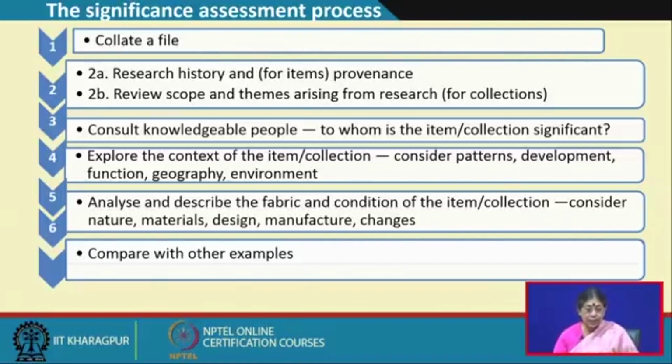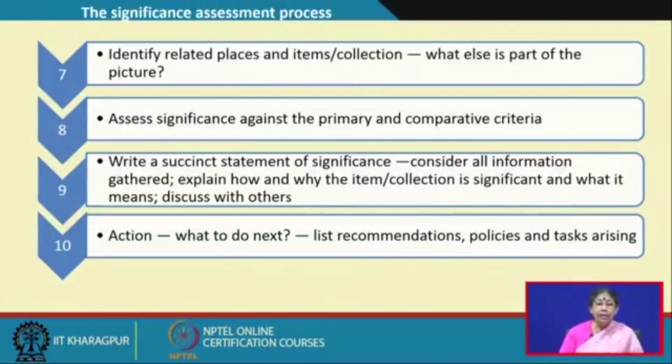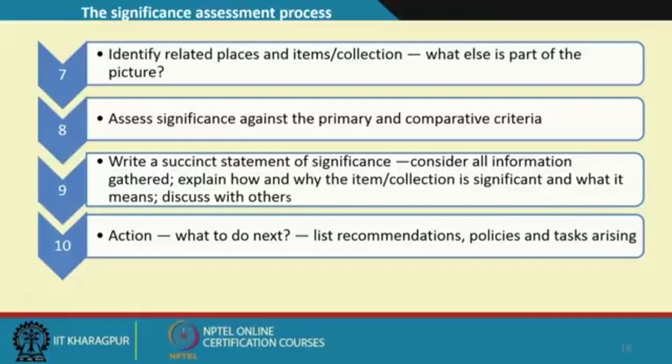Then the sixth, and the seventh, identify the related places and items or collections. What else is part of the picture? There can be a connectivity between two or three or various items in terms of aspects, importance, history, or some sort of people's association. And finally, the eighth, assess the significance against the primary and the comparative criteria.